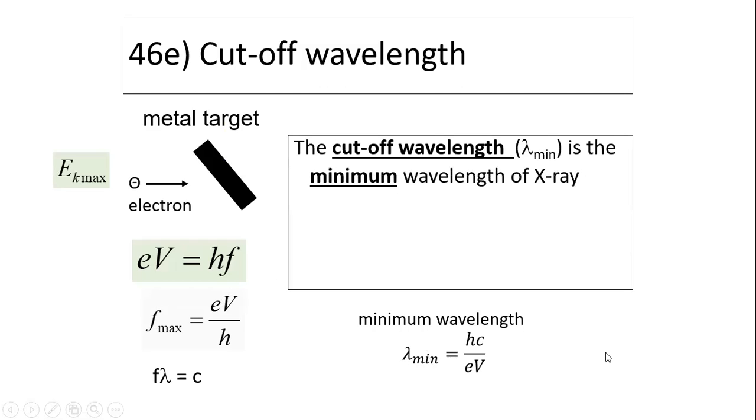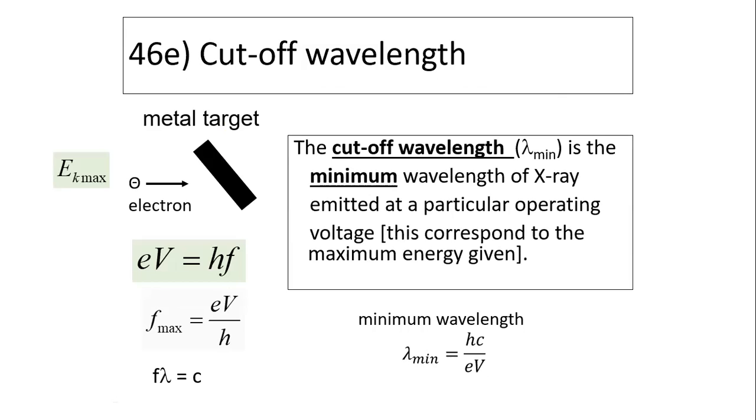Cutoff wavelength is the minimum wavelength of X-ray emitted at a particular operating voltage. This corresponds to the maximum energy given. That's the maximum energy that the electron can give. Maximum kinetic energy. Minimum. So that minimum depends on the accelerating voltage. Accelerating voltage increases, minimum will be smaller.